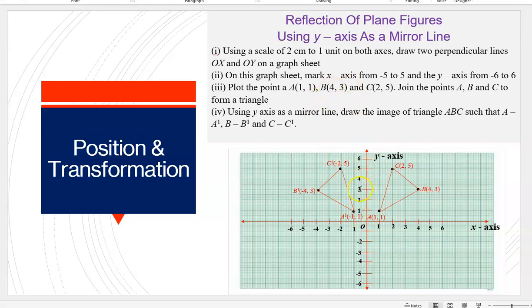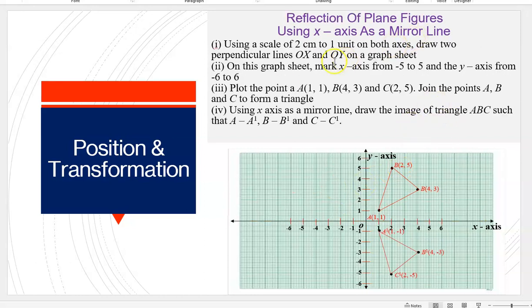Then (4, 3) will be (-4, 3). Here is where they intersected. And then C (-2, 5). Then we join the line. And this reflects here. This is y-axis. Therefore, y-axis is our mirror line.